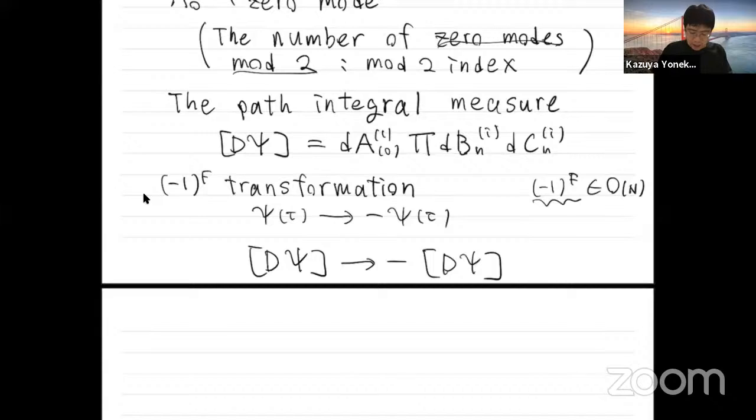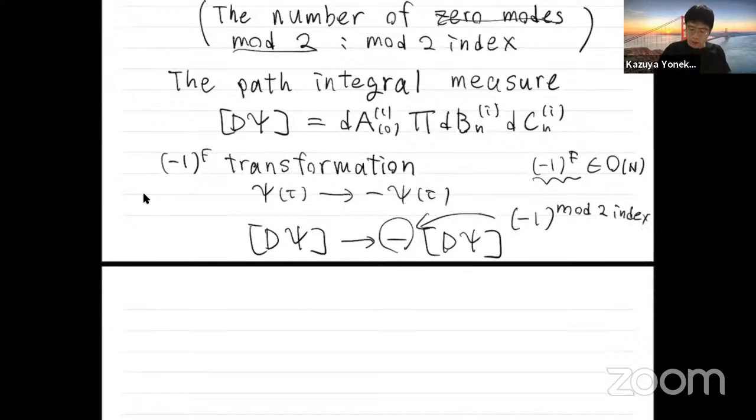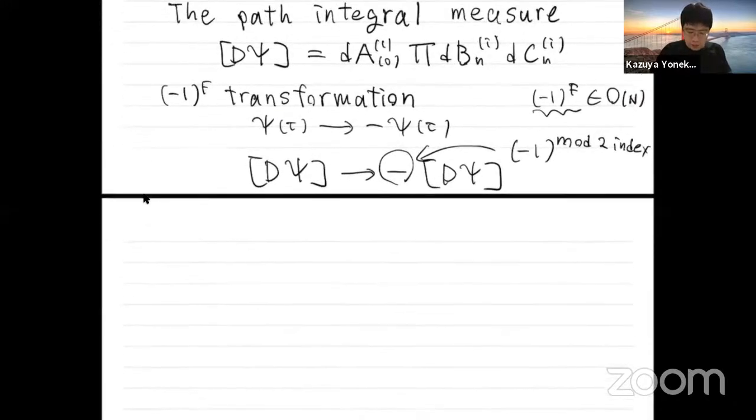But here, this violation is actually described by the mod 2 index. So this sign factor is actually -1 to mod 2 index. So in this way, this is very similar to the case of actual anomaly.